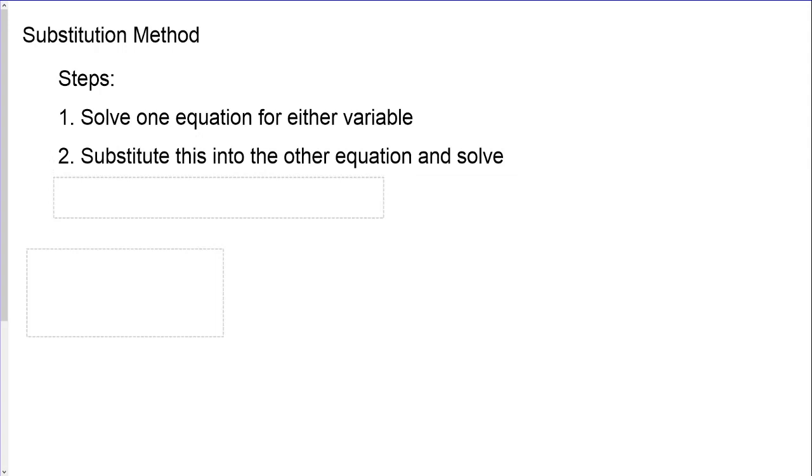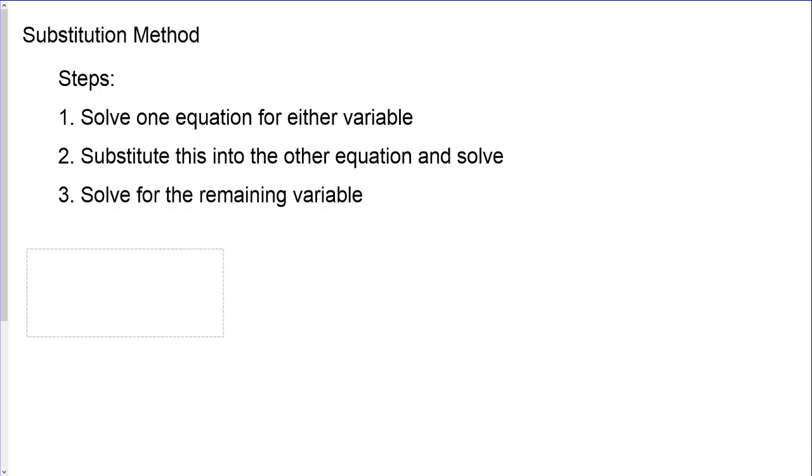Then you're going to substitute this into the other equation, which will reduce you down to a single variable, which you can solve for that variable. And lastly, use what you found for the first variable to solve for the remaining variable.